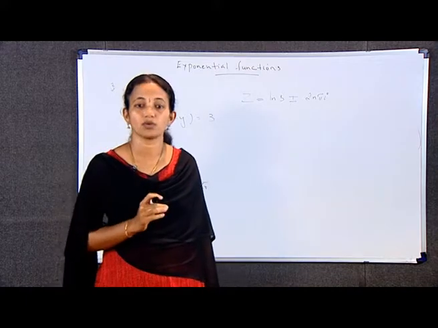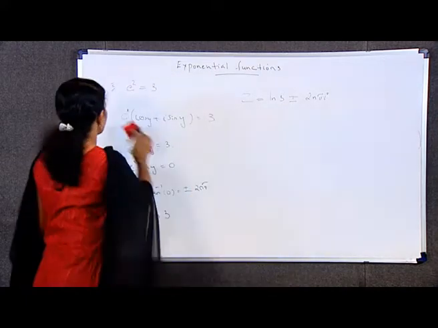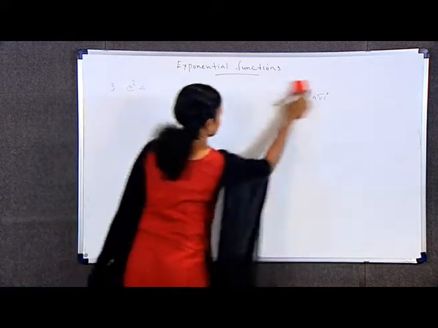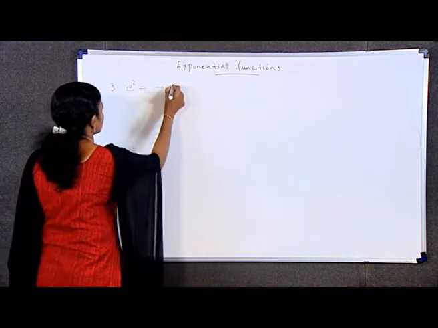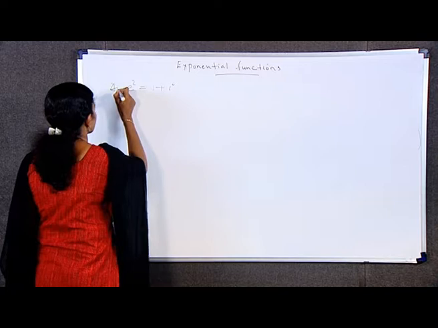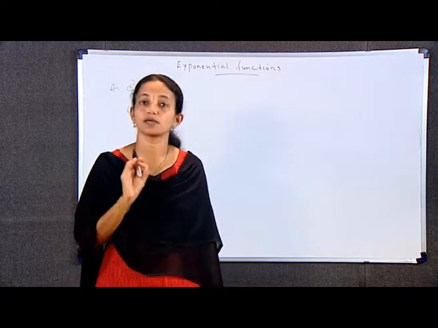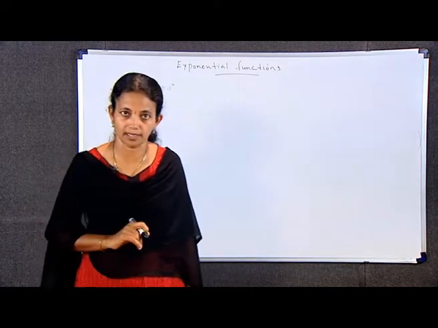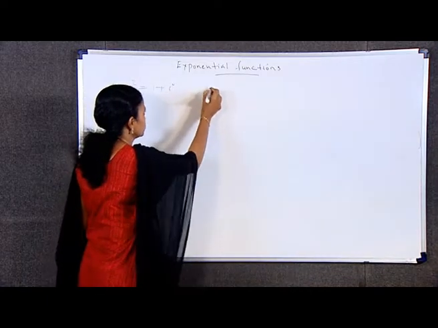Next we have to solve e raised to z is equal to 1 plus i. In order to find the number z is equal to x plus iy such that e raised to z is equal to 1 plus i, we write the equation, we mark it as equation number 2.